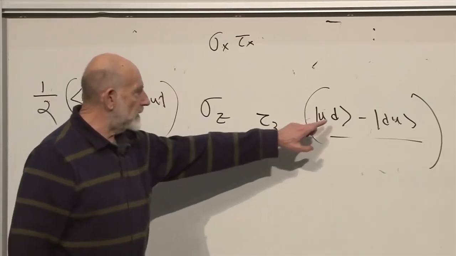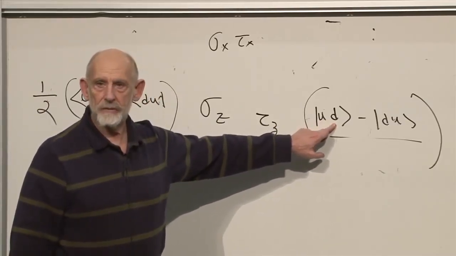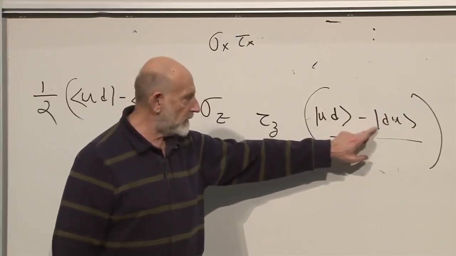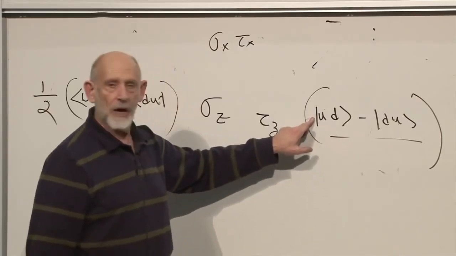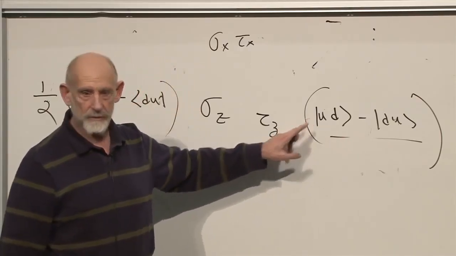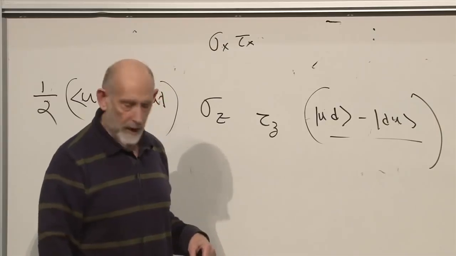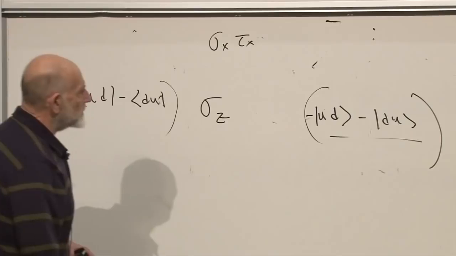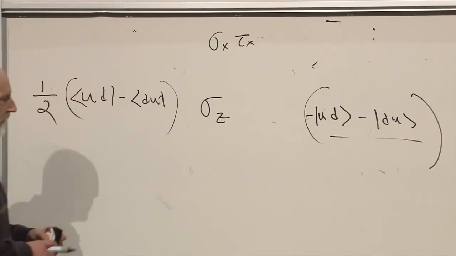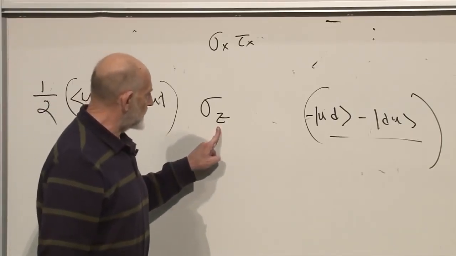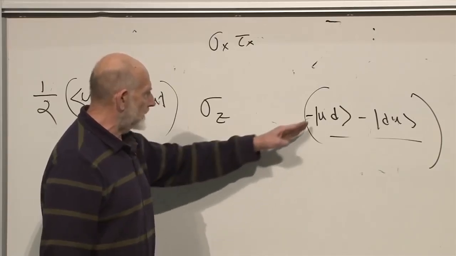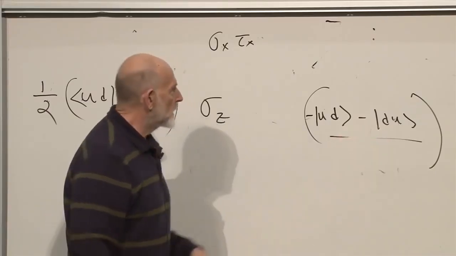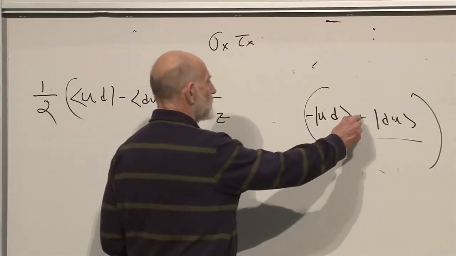Tau z acts on down to give minus down. It acts on up to give up. So it has no effect on this term, and it changes the sign of this term. I think I did it right. Yeah, okay. Minus. Now, what about sigma z? What does it do? It doesn't flip. It gives plus on this one and minus on this one. So it changes the sign of this one.